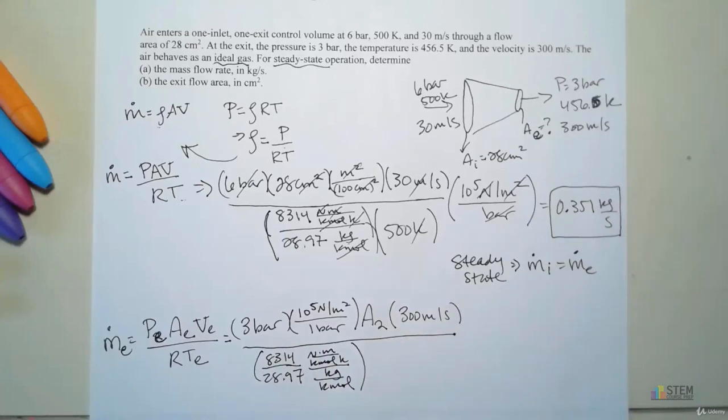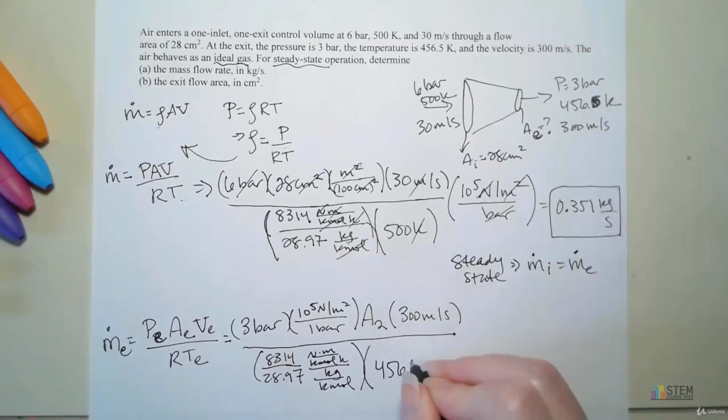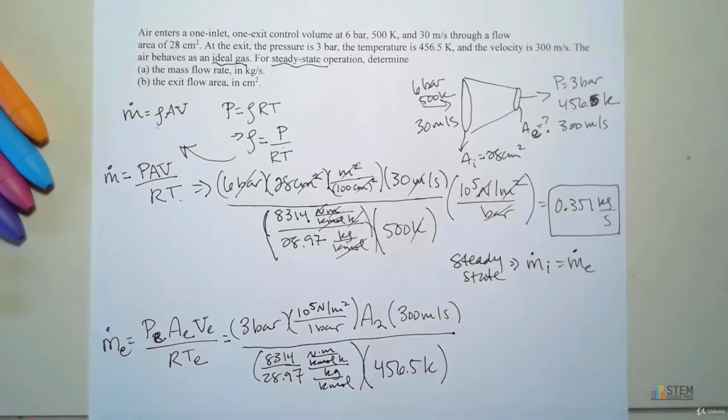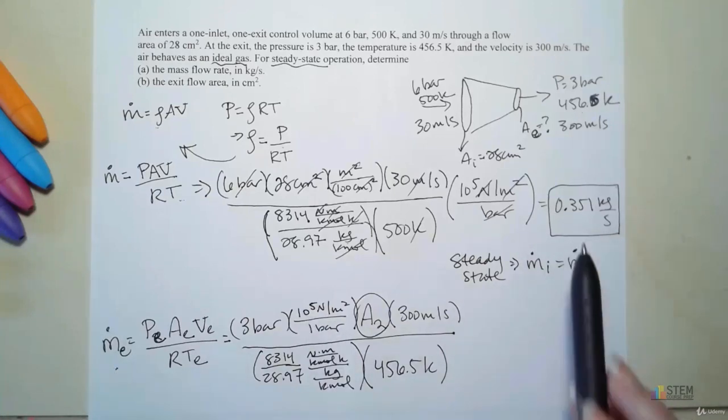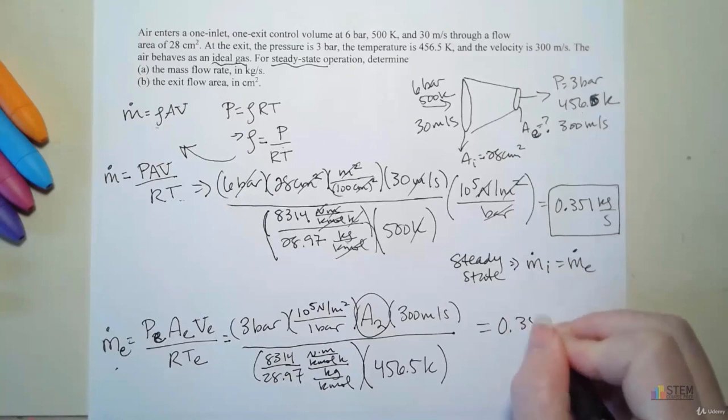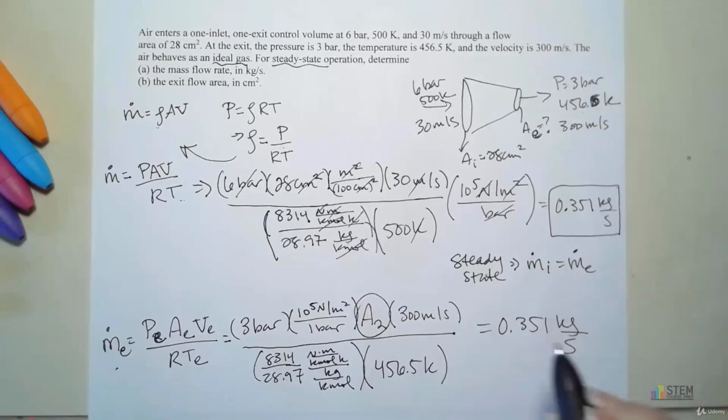You're left with that, and then your temperature at the exit, which was 456.5 Kelvin. Now, your only unknown here is A_2. We can solve that because we already know what m dot is. That's the 0.351, so let's set it equal to 0.351, and now we can solve.